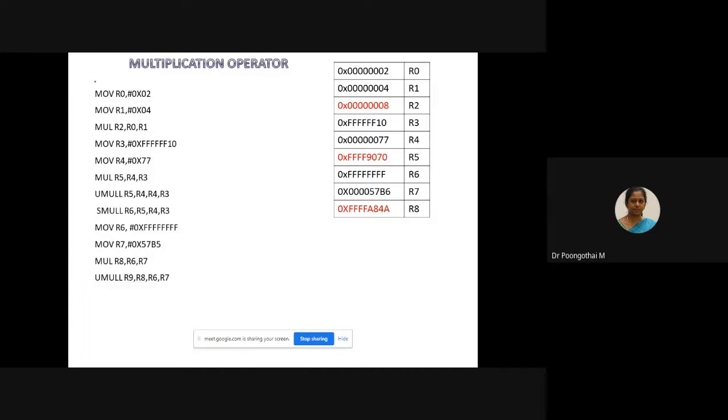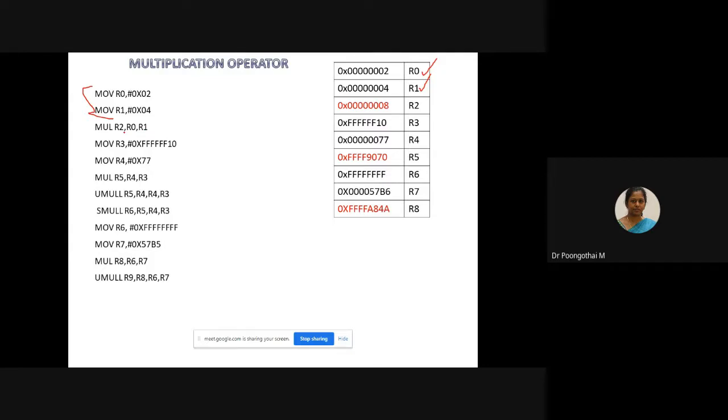Have you all noted? Yes, ma'am. Okay. According to the first two instructions, your R0 is holding 02 and R1 is holding 04. So I am going to multiply the content of R0 by R1. It will perform only 32-bit multiplication.